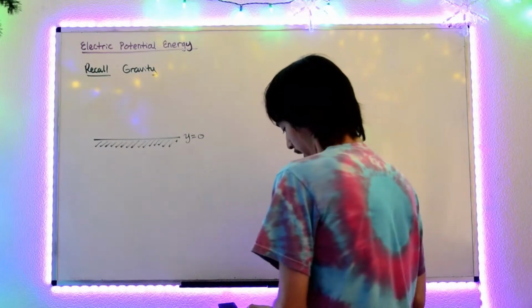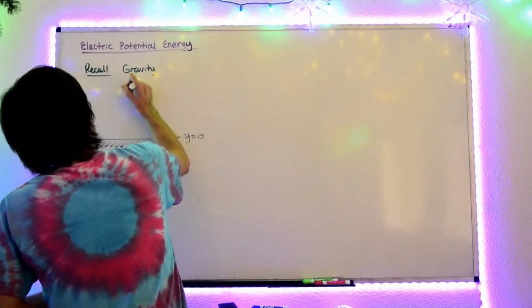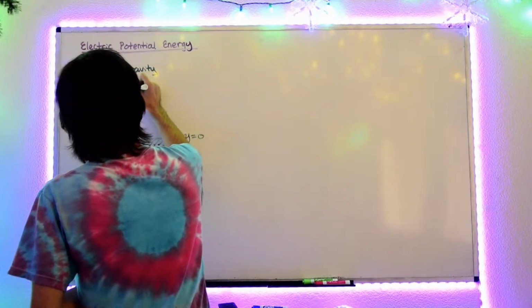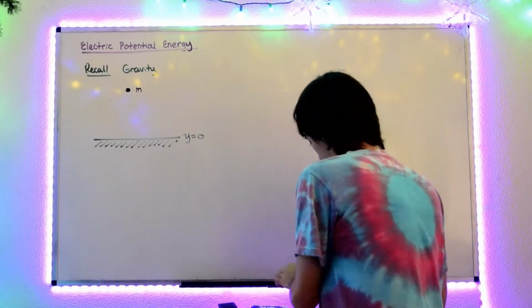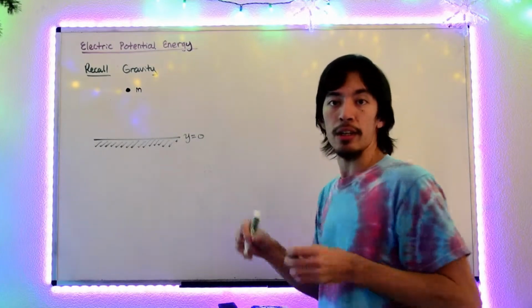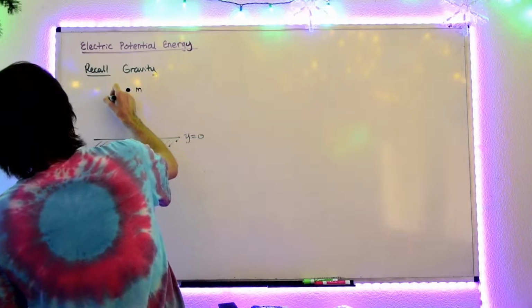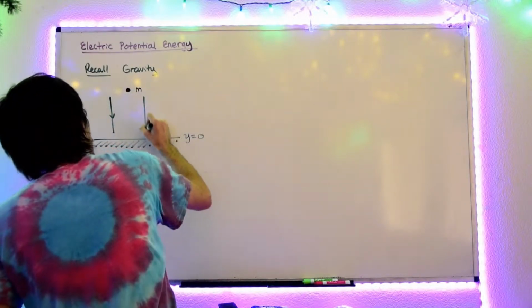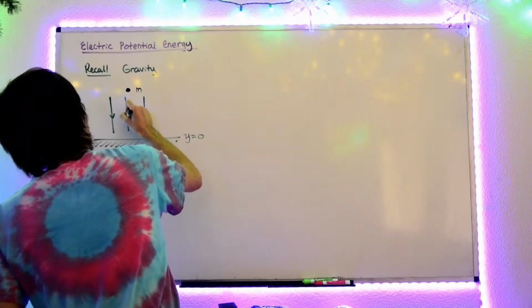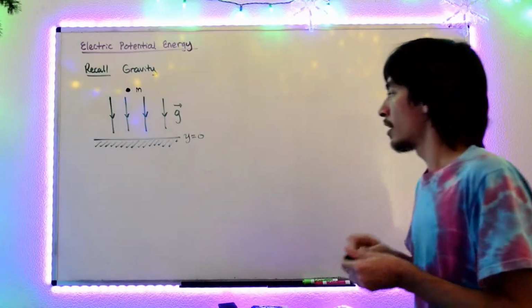And we have some object, which is some height above the ground. Let's call this mass m. And we know that it sits in a gravitational field, and the gravitational field would point down everywhere. Okay, so that's our gravitational field.